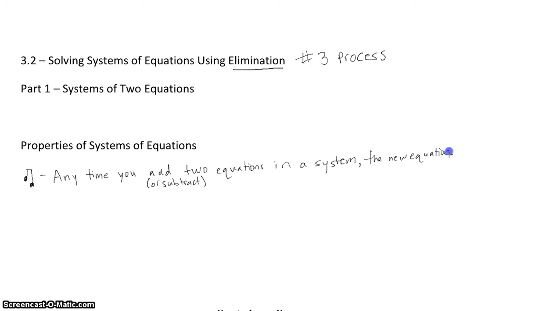The new equation that we get is also in the system. We're going to use this property for this process of elimination, so make sure that anytime you add or subtract 2 equations, the result gives you a new equation that's in the system.